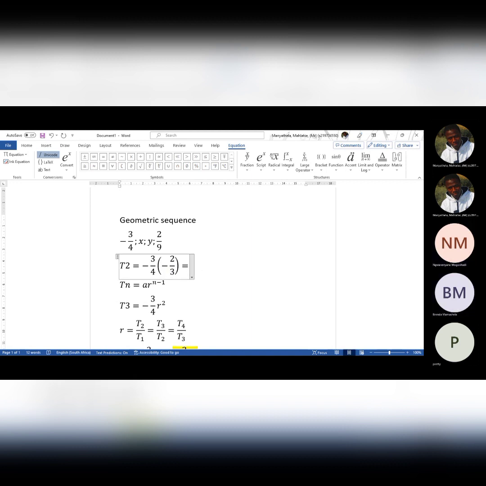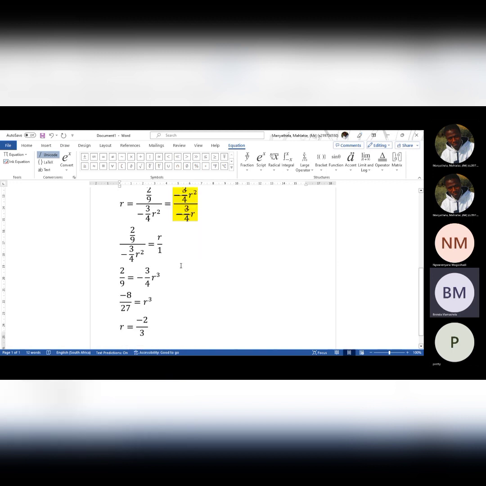Use the calculator and give me the final answer: 1 over 2. So x is 1/2.